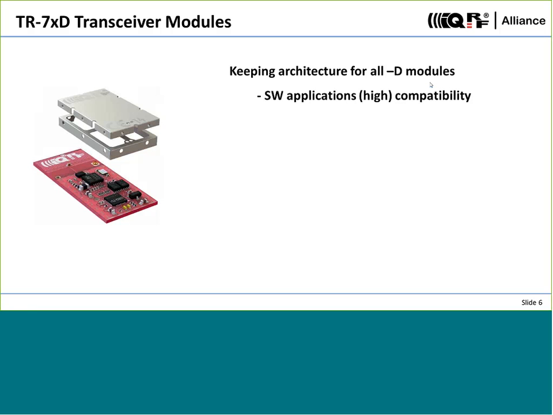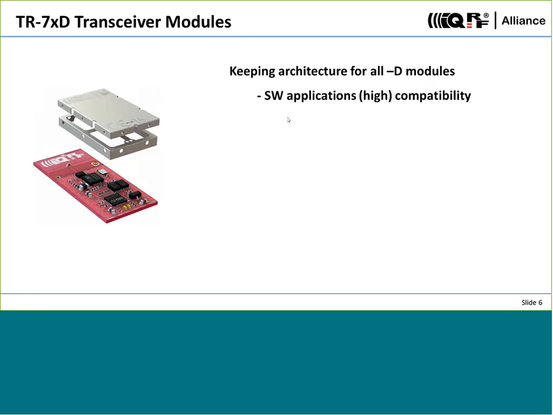This means for you that if you have your applications, or let's say hardware profiles, and your custom handler written for the 50 series, so we call them the blue modules, and here those are the red modules, the 7 series, you can use them from, let's say, 95% also for the red modules.